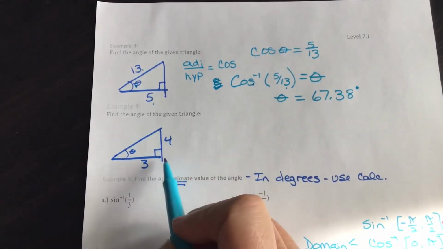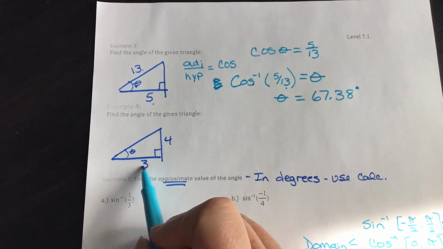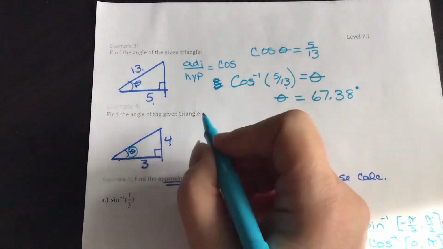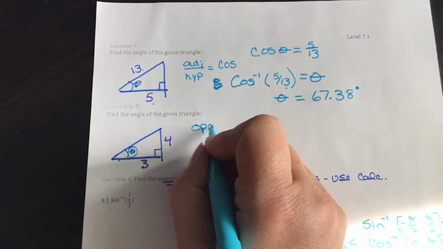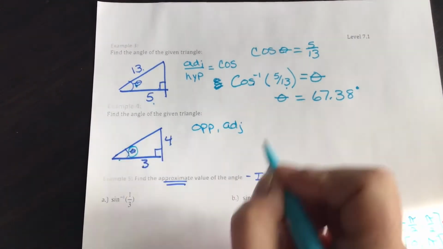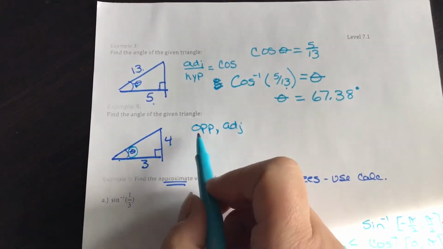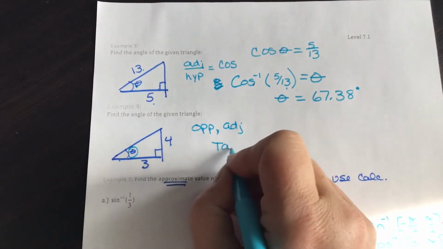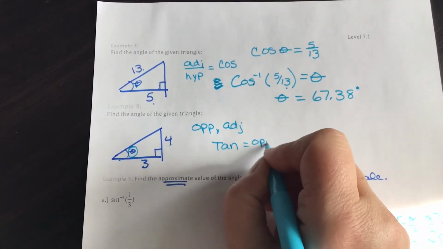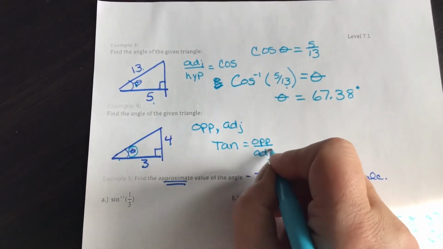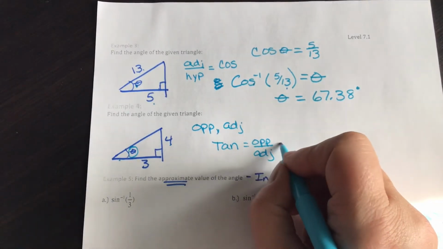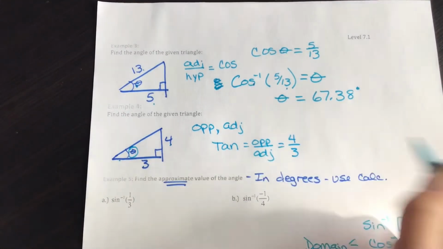All right, in this triangle, I have the side adjacent to my angle and the opposite. That's the information I know, opposite and adjacent, and that would be tangent, which is opposite over adjacent. So this would be 4/3.